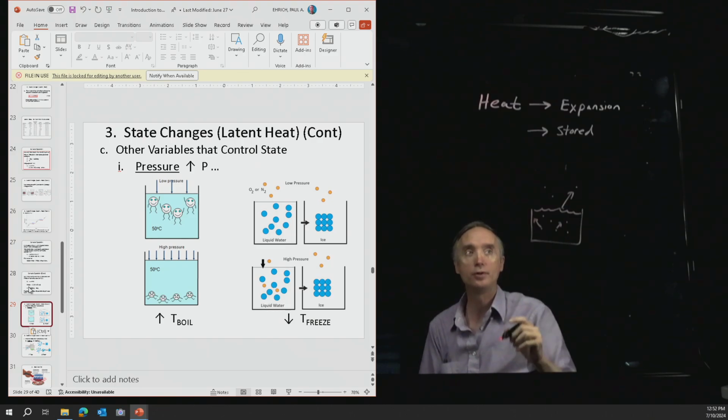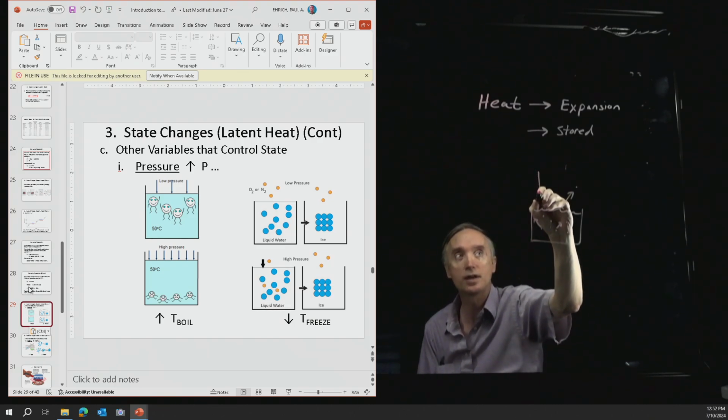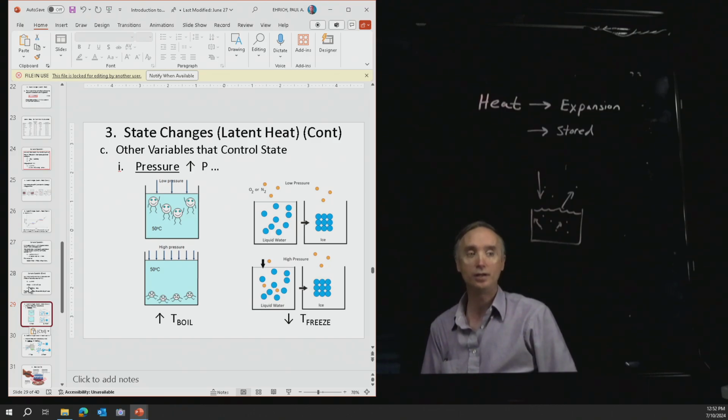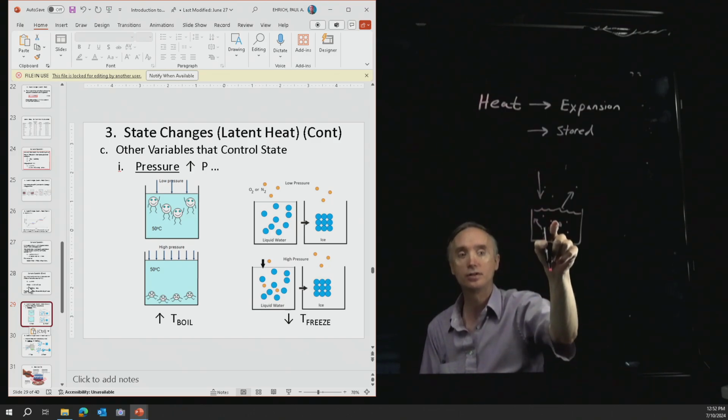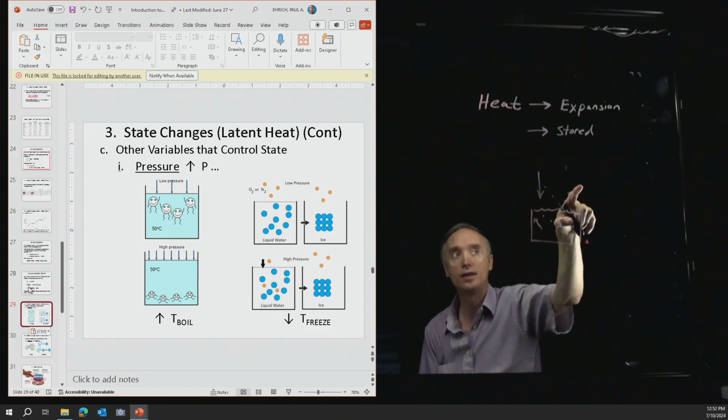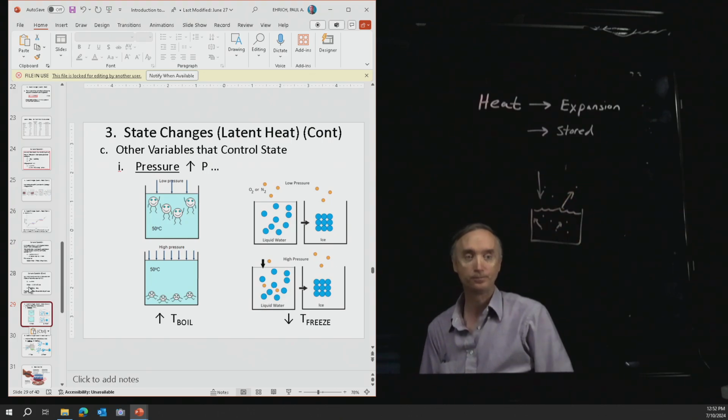But what would happen if there is outside pressure acting on it? If we increase the pressure acting on the system, that's going to make it more difficult for these water molecules to break free and end up out here.